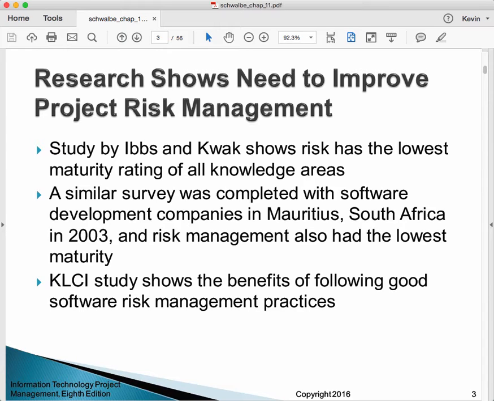When you think about it as a theme in your project, it's the risk that's going to bite you, right? So the fact that when organizations rate themselves or have others analyze them, they seem to be doing the least mature job in the risk knowledge area seems a little bit worrisome.